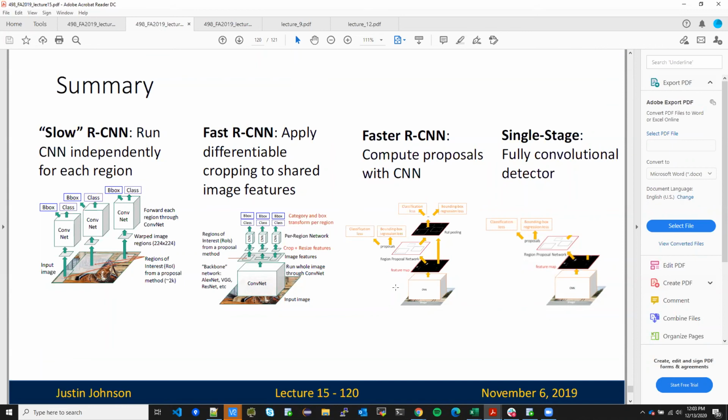In the modern methods, we don't use an image processing based method, but we have a deep learning network to predict region proposals. Faster R-CNN is a two-stage approach, and lastly some of the newer methods are just single stage detectors. Okay, I think that's all I have for now.